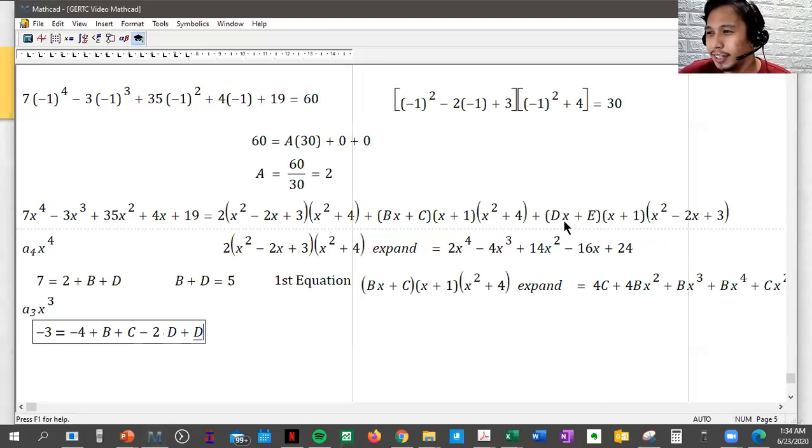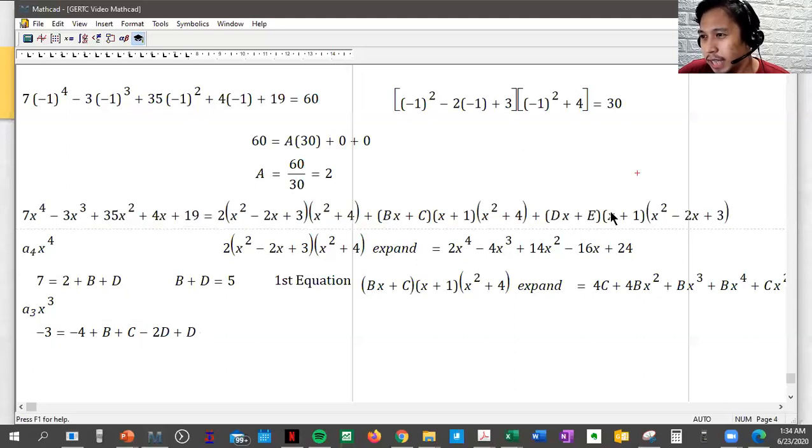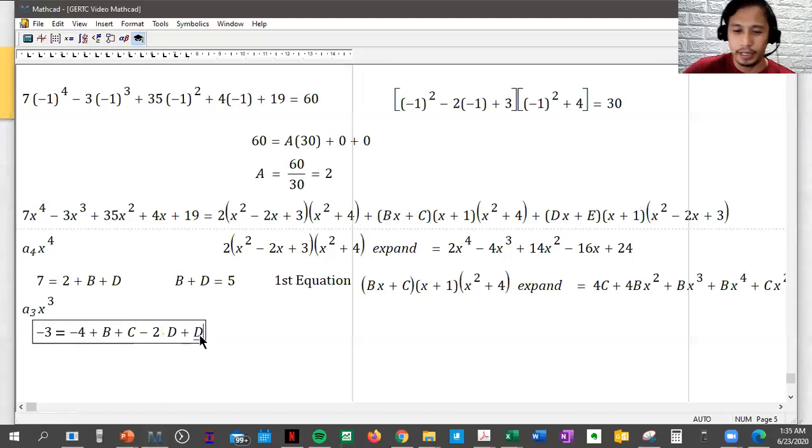Okay? Yan lang ba? Dx times x times -2x. We're done with that. Dx times 1 times x squared. How about this? E times x squared. That is cubic. No, plus e. Medyo hassle siya, no? But ito talaga yung operation niya. Another. E times 1. Wala na. Wala nang other cubic.